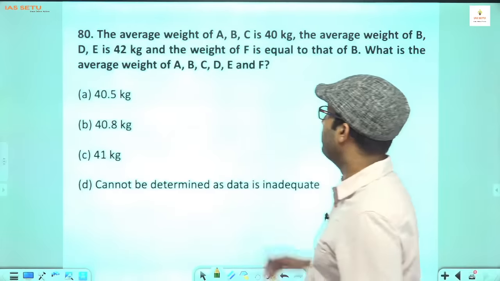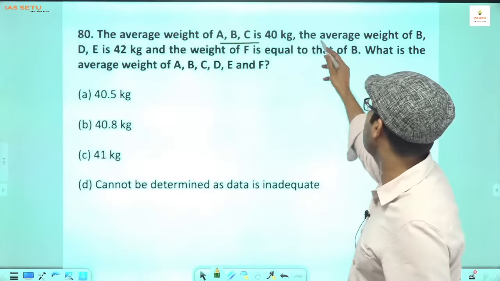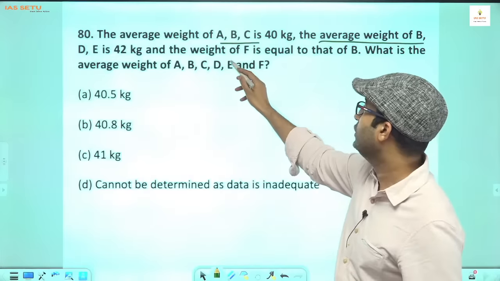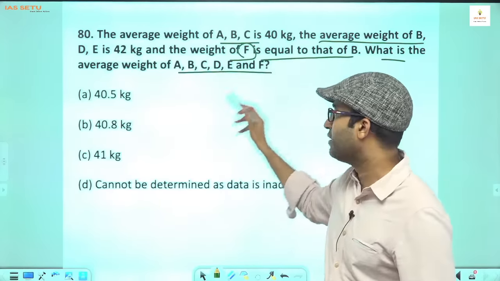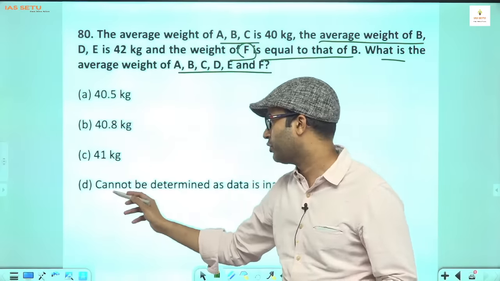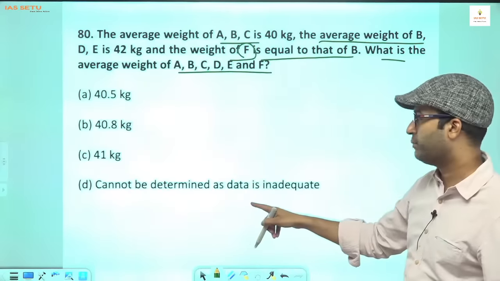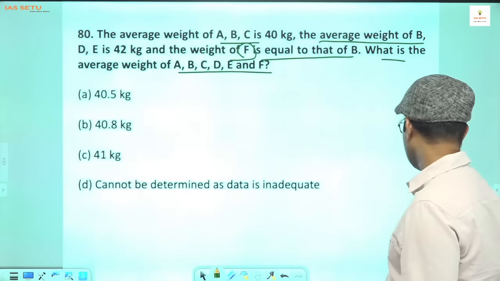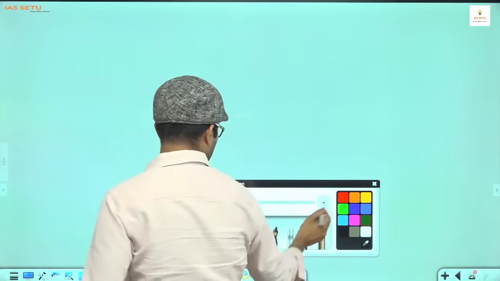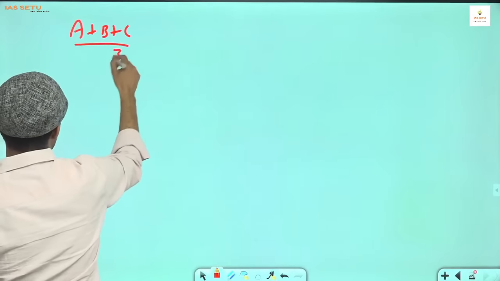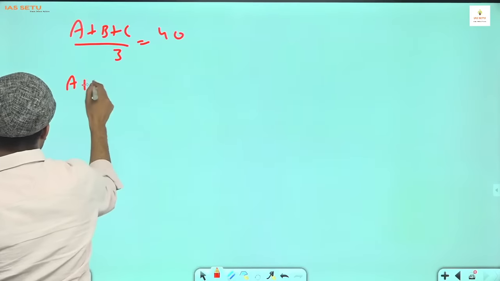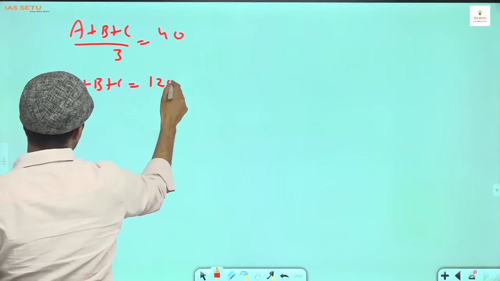Question number 80: the average weight of ABC is 40, the average weight of BDE is 42, the weight of F is equal to B. What is the average weight of A, B, C, D, E, F? 40.5, 40.8, 41, cannot be determined. Many students mark cannot be determined, but we can determine. How? The average of A, B, C is given as 40, so a plus b plus c divided by 3 is 40, so the total of a, b, c is 120.